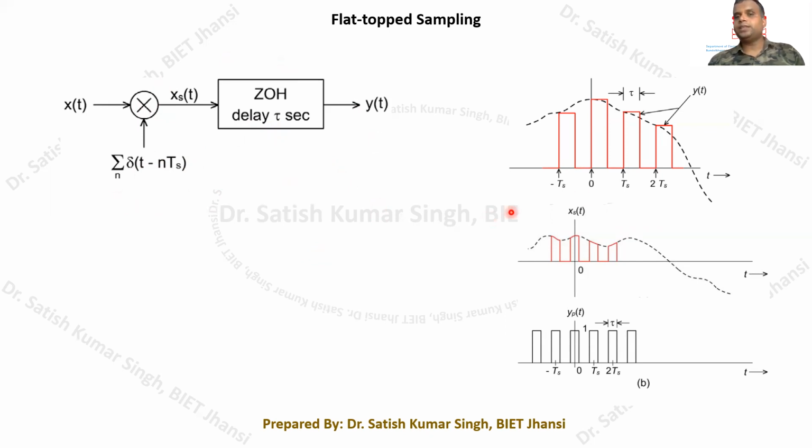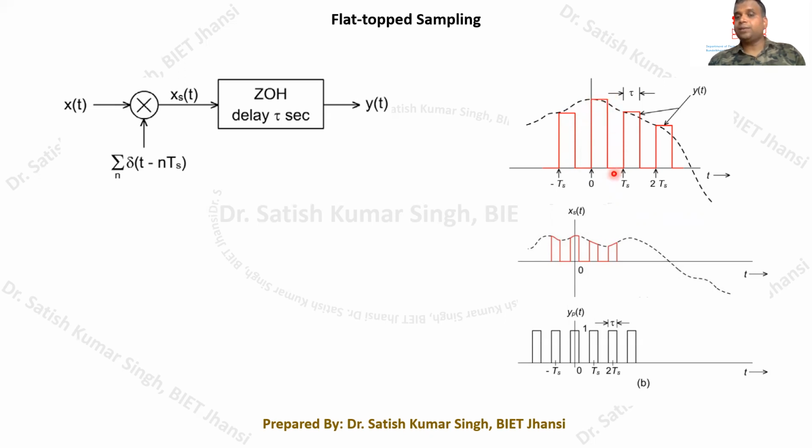So what will be the difference whenever we do the sampling? Whenever we perform the sampling, the sampled value will be held up to a duration of tau, and then again it will go back to zero. Then when it is sampled at the next point, the same value will be held up to a duration of tau.